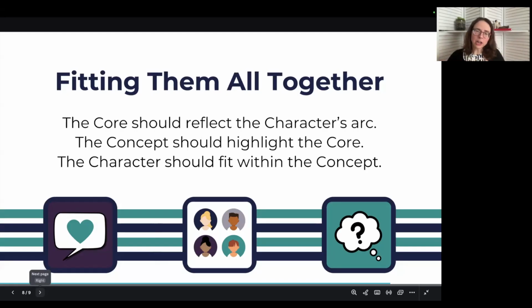However, when writers are creating stories, they do often try to cram these things all together that don't actually work together. So you have to be ruthless in making sure that these three elements are going to play nicely together, that they're going to fit together, and that they're going to strengthen each other so that you can have this strong premise on which to build your story.